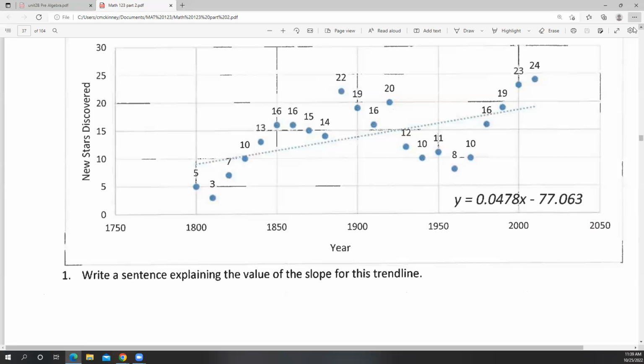If I move this over 2 places, because that would be hundredths, I could say 478 stars discovered every 10,000 years. These are the new stars discovered. So someone could tell me 4.78 every 100 years, 47.8 every 1,000 years, or 478 every 10,000 years.